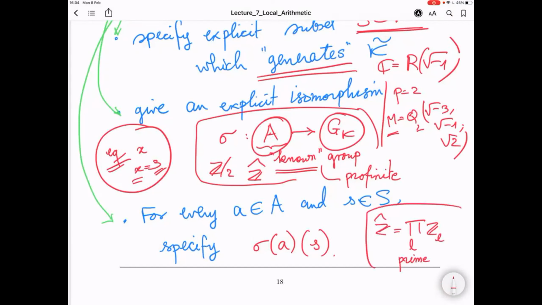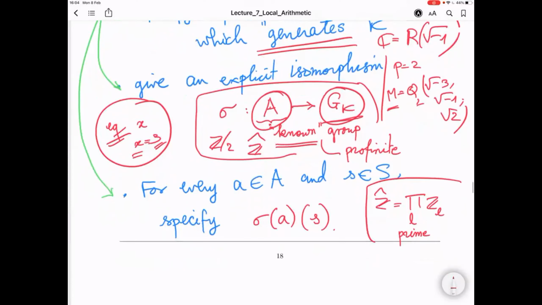So these can be considered to be known groups, and this GK is an unknown group. What we have to do is to give an isomorphism from a known group to this GK. That's what it would mean to determine GK.